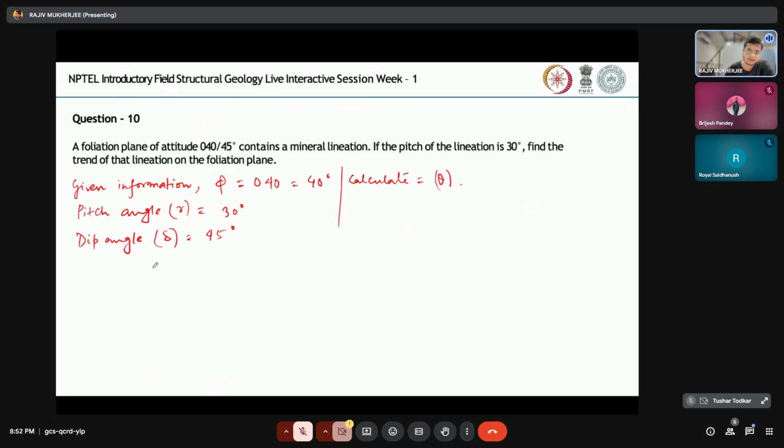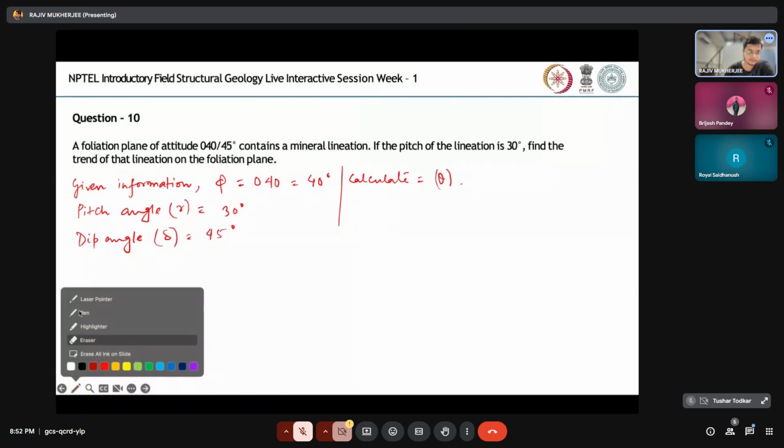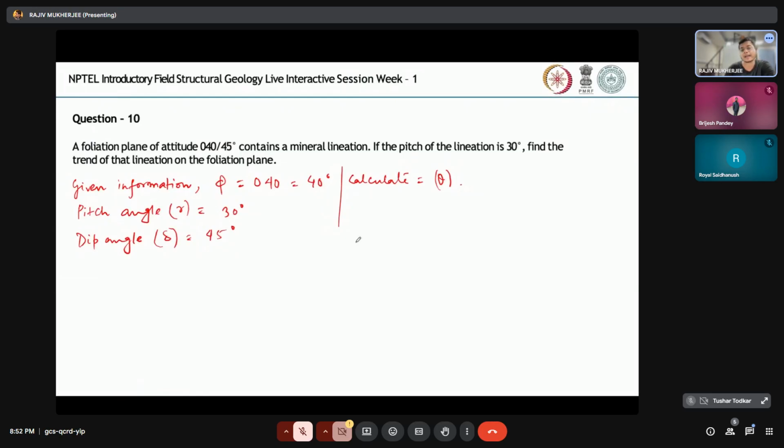So the formula for this kind of problem is, not cos of the pitch, tan of the pitch angle is equal to the tan of the structural bearing divided by cos of the dip, right?